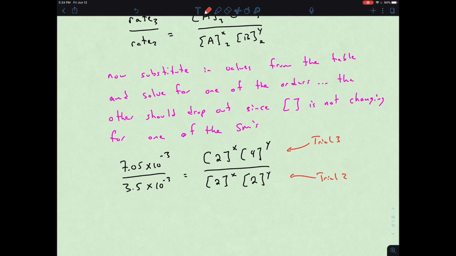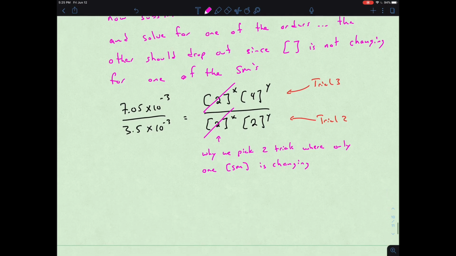And so notice we find that our 2 to the x and 2 to the x cancels out. Again, this is why we pick 2 trials where only one starting material is changing, right? And so now that simplifies. We had 3 unknowns, little k, which already dropped out. We have x and y, and now x has dropped out.